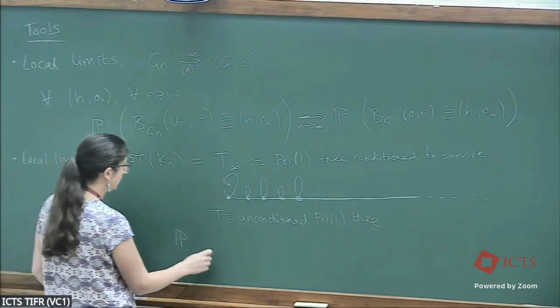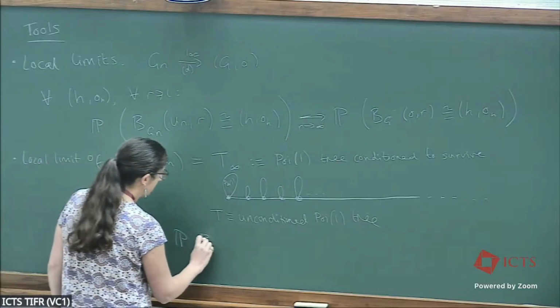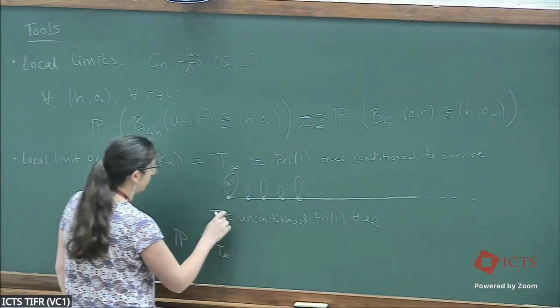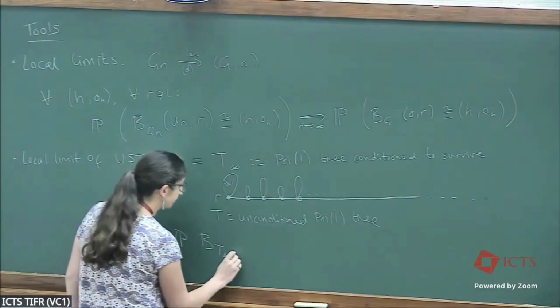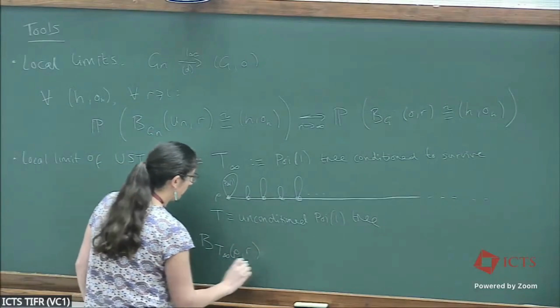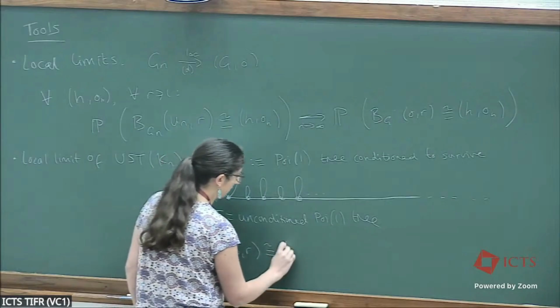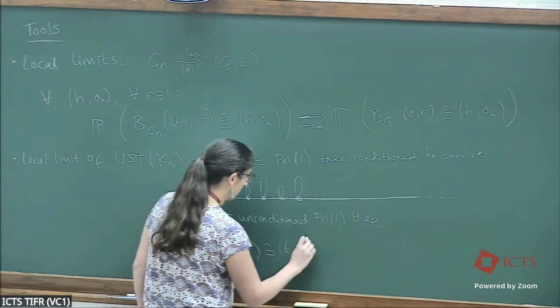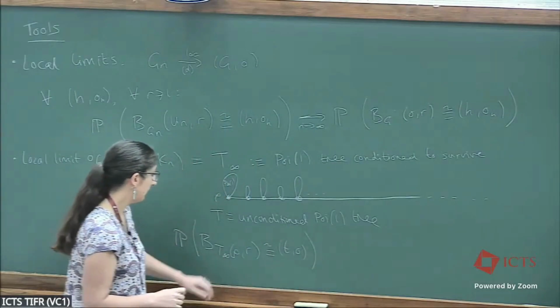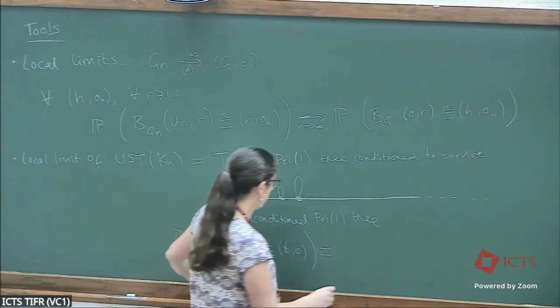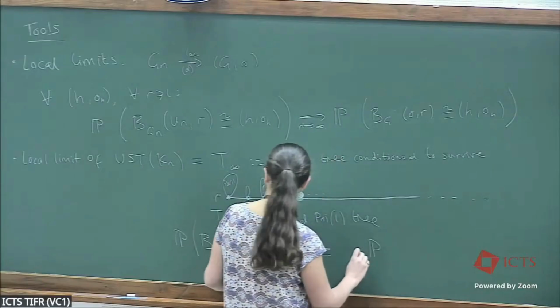And there was a formula which said that the probability in the infinite tree, so here we have a root, let's call it rho, that the ball of radius R is isomorphic to a given tree with a root is almost equal to the same probability for the unconditioned one, but there's a bias.